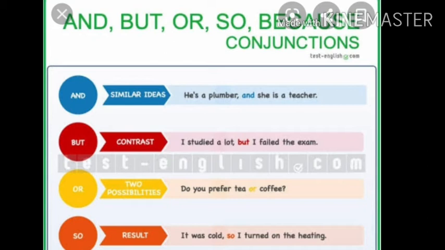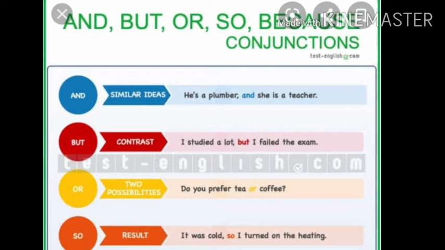So I can say I have a pencil and an eraser, or a rubber, right? So when you combine two similar ideas, we use and. There is a cup and a saucer. I have a book and a pen. So for similar ideas, we use and.